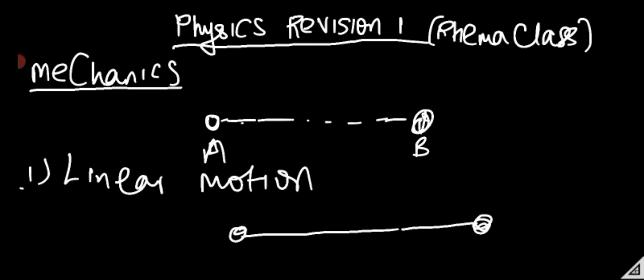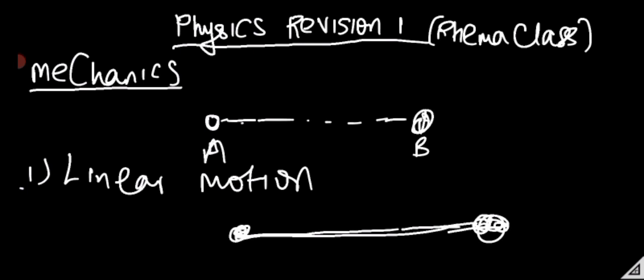A body moving in a straight path is said to undergo linear motion, right? For example, if a car moves from point A to point B, in this movement it undergoes linear motion.